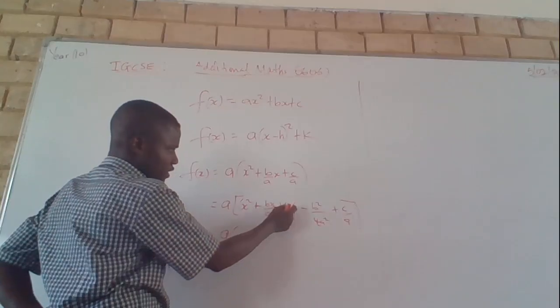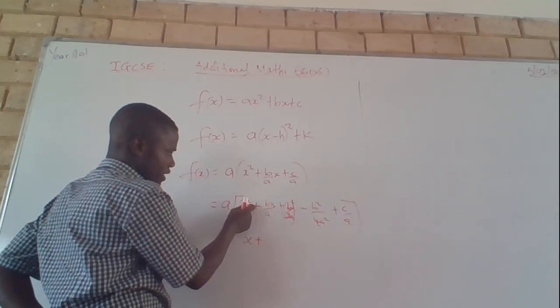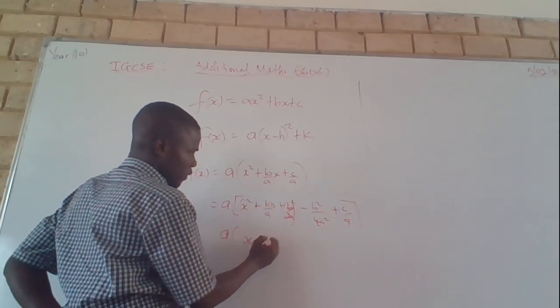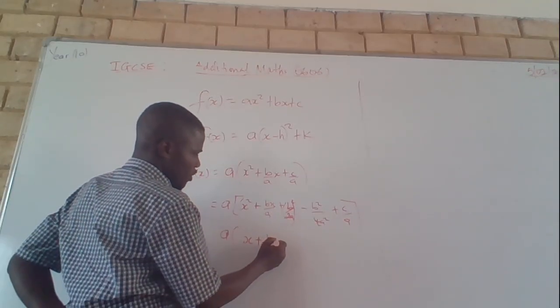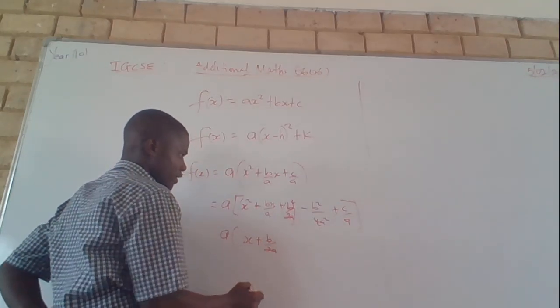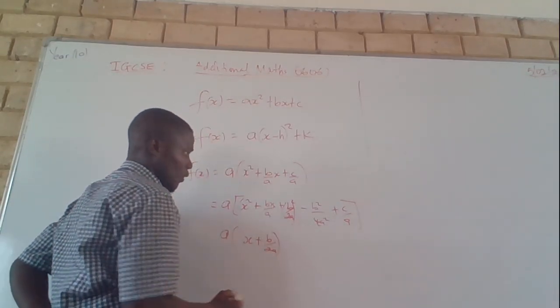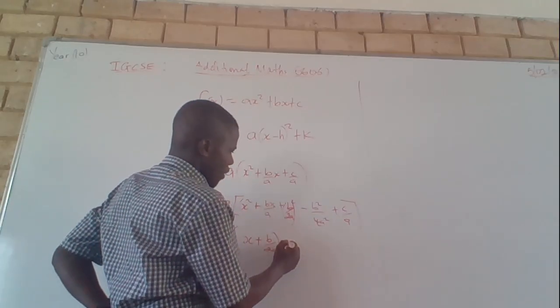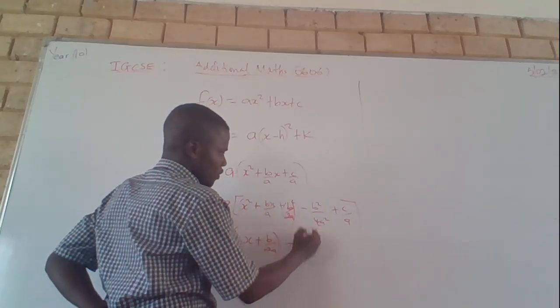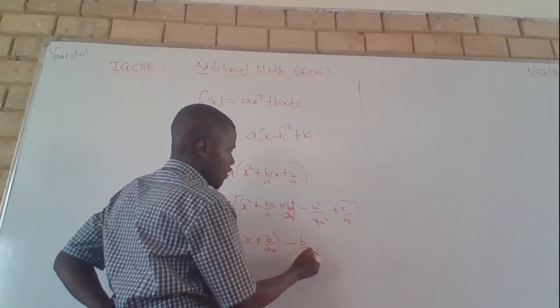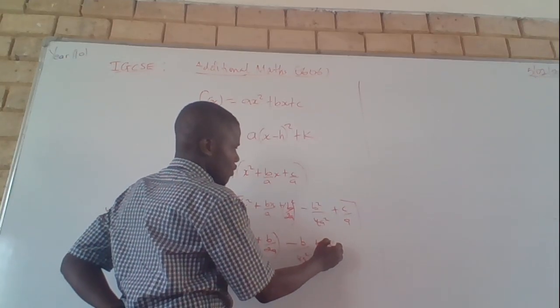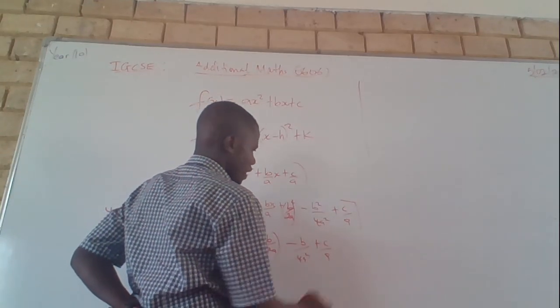So now this is b over 2a squared, and I bring it down and there's plus. I'll write b over 2a, all right? Now this is squared now. I'm done with this. Minus b squared over 4a squared plus c over a, all right?